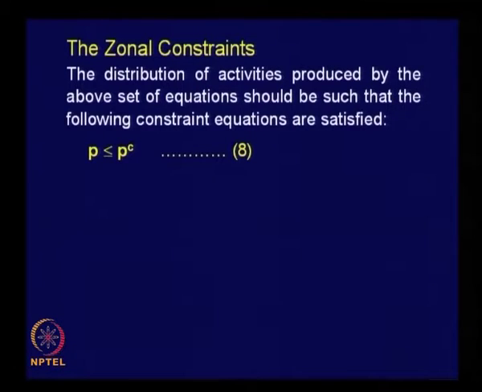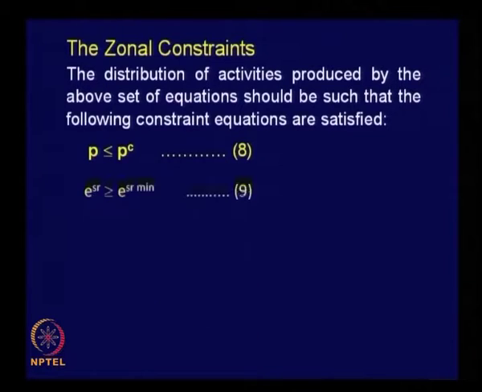C stands for capacity, P stands for population. The allocated households or population should be less than or equal to the capacity of the zone, and E_SR should be greater than or equal to E_SR minimum, right.